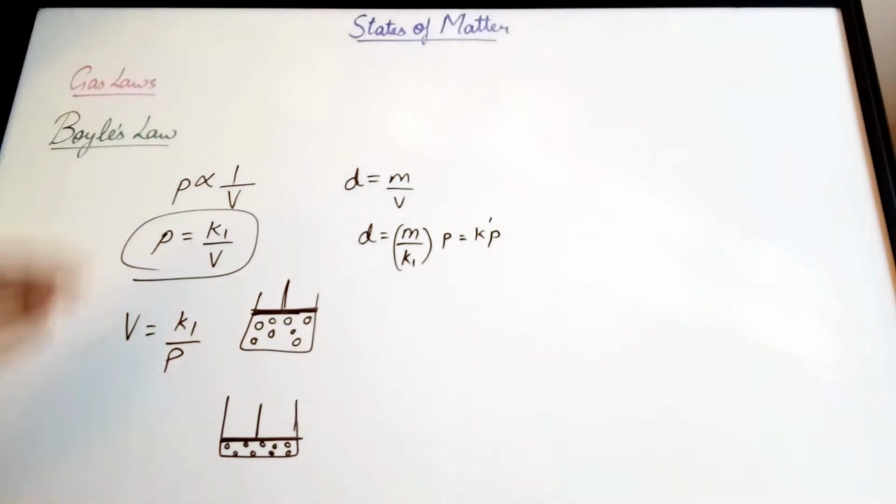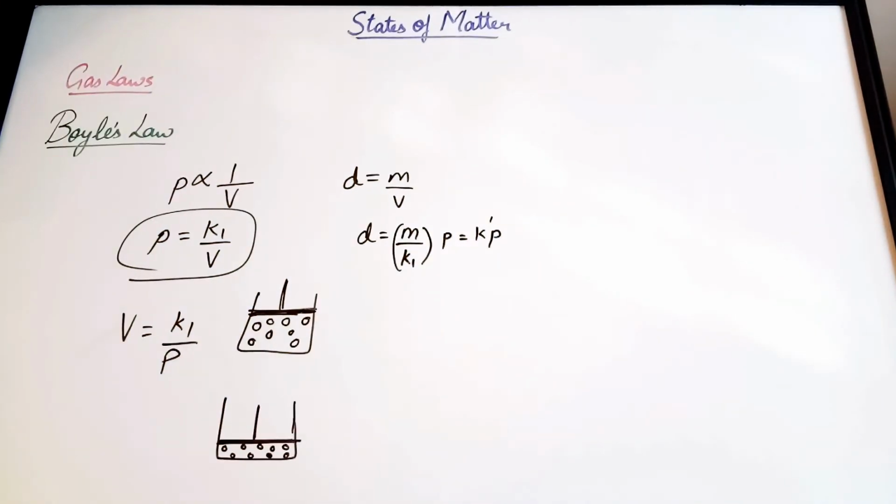So one more thing. This obviously means that at sea level, the density of the air around us is pretty high. So the air which we breathe in is quite dense.